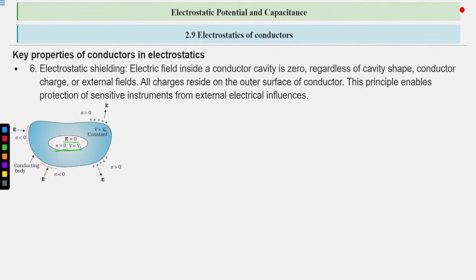It can vary from cavity to cavity, with the shape of the cavity or other factors. So the constant value can vary, but it will remain constant throughout the conductor and on the surface. So this is the negative charge, where surface charge density is less than 0, and here surface charge density is greater than 0.